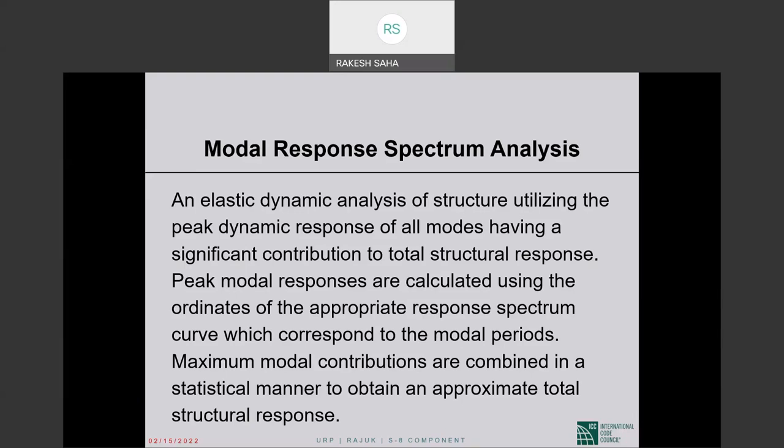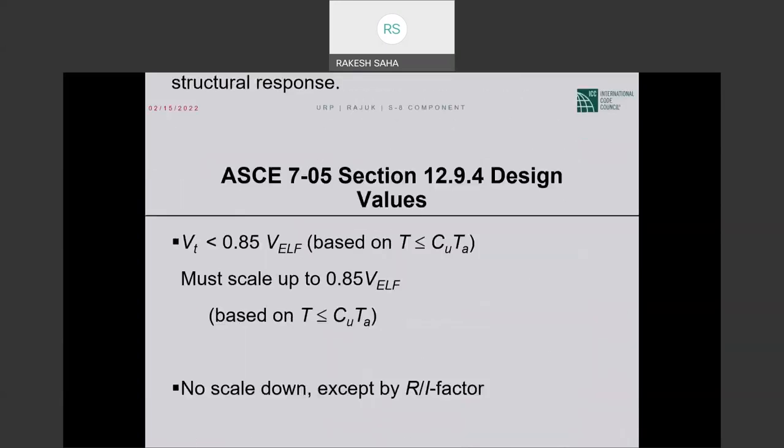So we take a statistical sum of the modal maxima, typically a square root of the sum of the squares. But if the modal periods are close together, then we have to go to more complicated sums, the CQC, complete quadratic combination, whatever. There are more complicated statistical sums that are available.